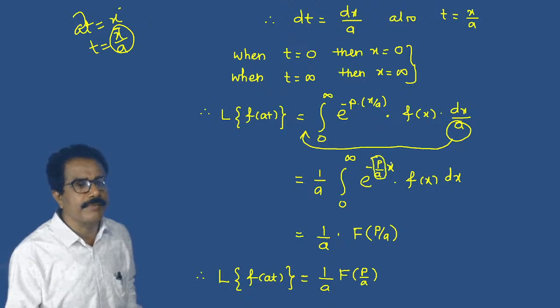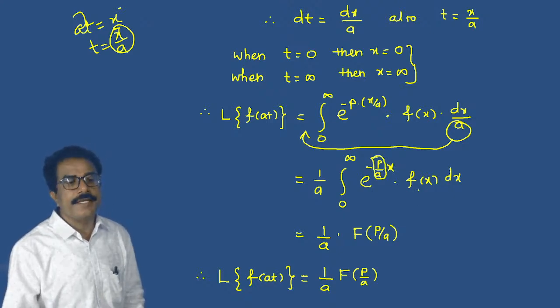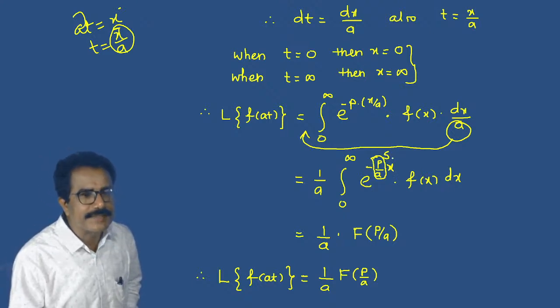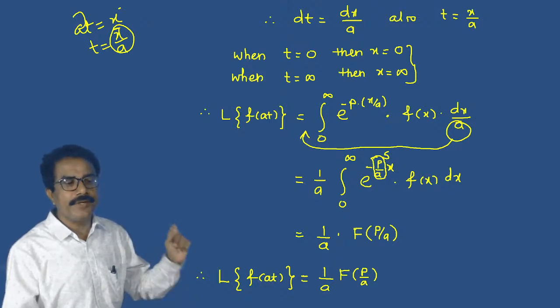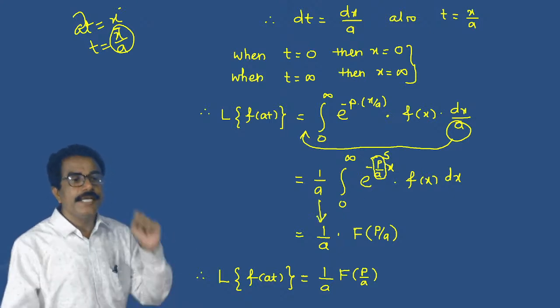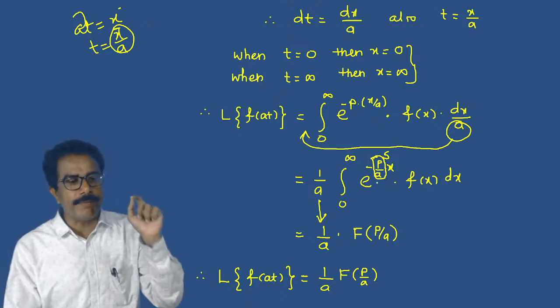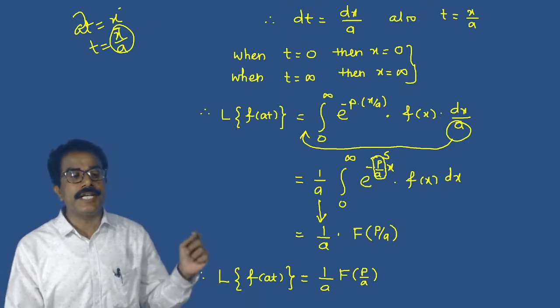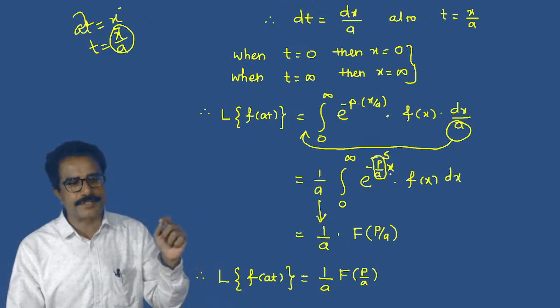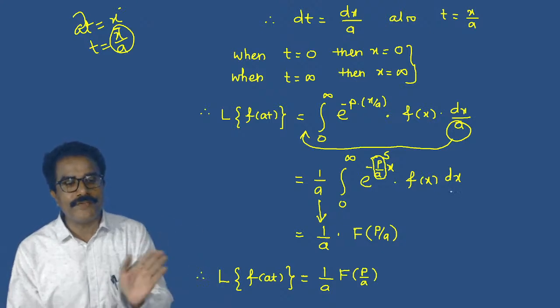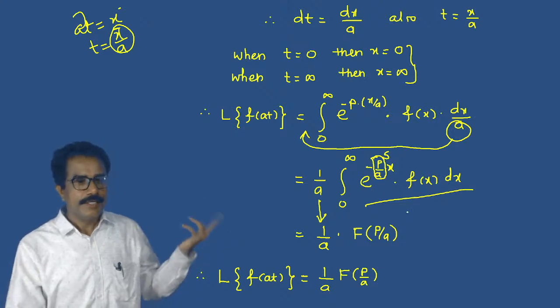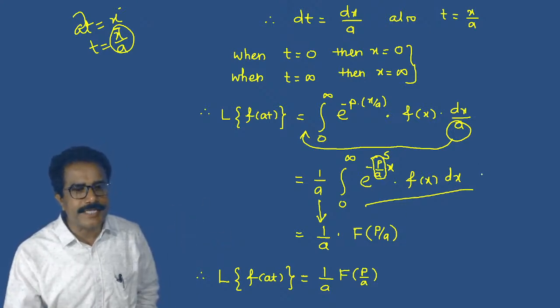If we consider p by a as s, meaning e raised to minus s into x into f of x dx, then this is the standard Laplace transformation in terms of x. So we can convert this as F of s.